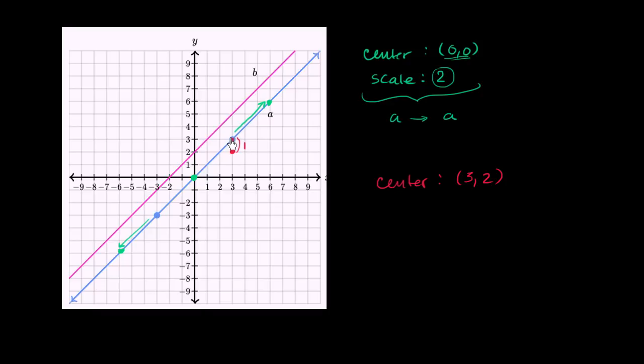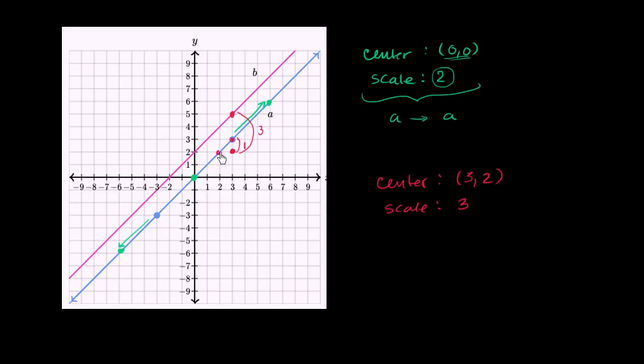And if I want to map it to the corresponding point on line B, that's going to be 3 away from our center of dilation. So I could have a scale factor of 3. If I have a scale factor of 3, it's going to go 3 times as far away. Scale factor of 3. And that'll work for other points as well.